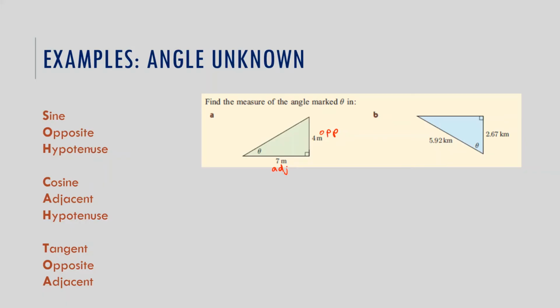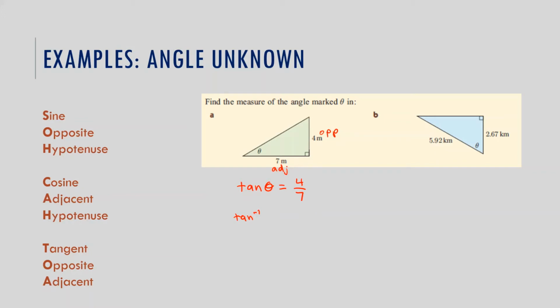I don't have opposite and hypotenuse, I don't have adjacent and hypotenuse, I have opposite and adjacent, so I know I'm using tan here. So I have tan theta is equal to my opposite over my adjacent, which was 4 over 7. Now in order to find theta, I need to do the inverse of tan. That is the thing that looks like tan^-1.